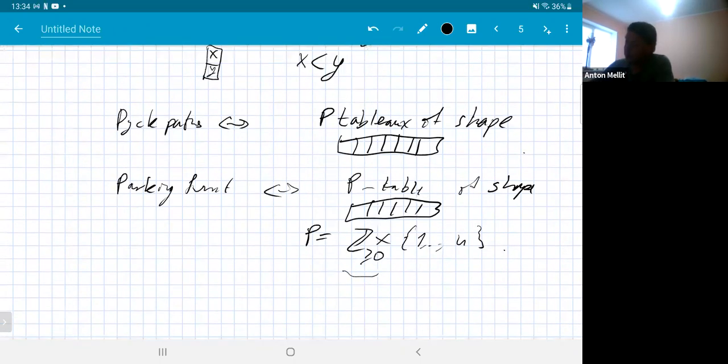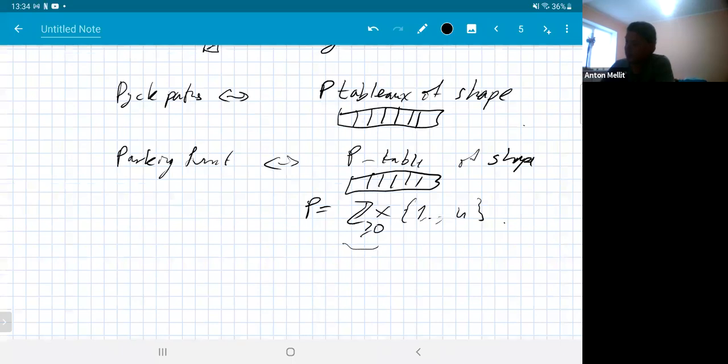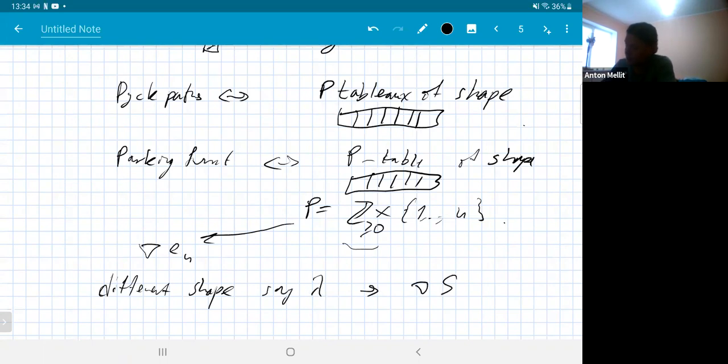So now we have P-tableaux of fixed shapes which produce Nabla of e_n, and then a different shape, say lambda, gives Nabla S lambda.